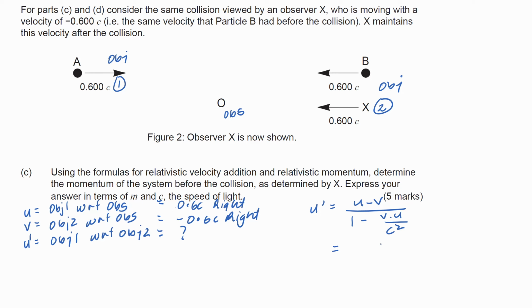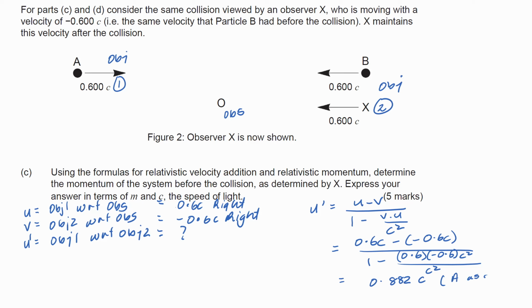Let's pop in our numbers: 0.6c take away the negative 0.6c, divided by 1 take away 0.6 times negative 0.6 c squared over c squared, and that leads us to 0.882 c. So this is the velocity of A as observed by X.